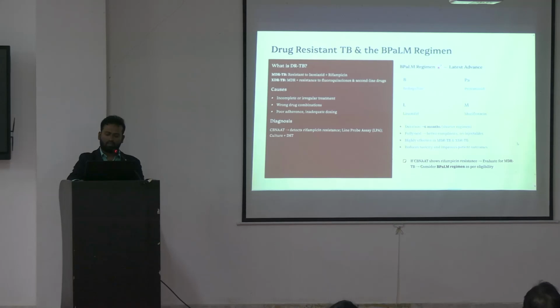What are the causes? Incomplete or irregular treatment, wrong drug combinations, poor adherence, inadequate dosing. For diagnosis, we can do CBNAAT, which will detect rifampicin resistance, line probe assay, culture, like that.